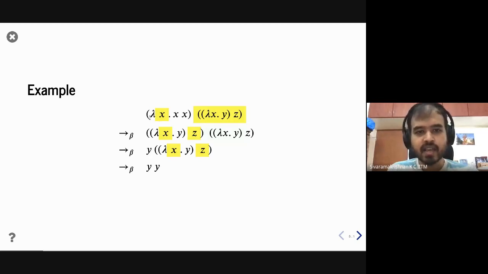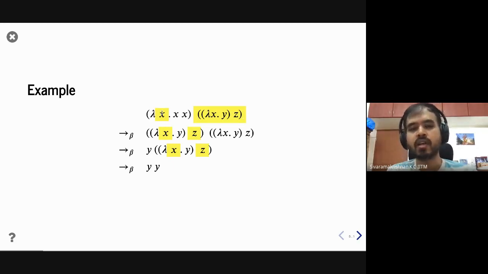So here is this term. The thing that I've highlighted with yellow is what I'm reducing. The original term is lambda x. xx applied to lambda x dot y applied to lambda z, right? So the thing that I'm highlighting is what term am I substituting for what other term.